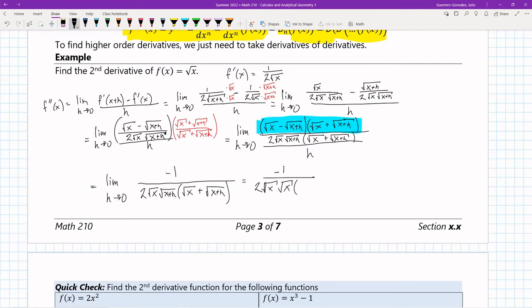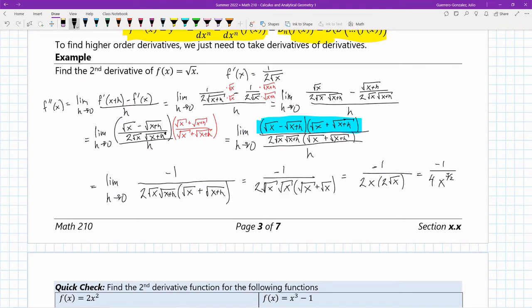of x times the square root of x plus the square root of x, -1 over, that's going to be x times another, let me write it out, 2x times 2 square root x, -1 over 4x to the 3 halves.